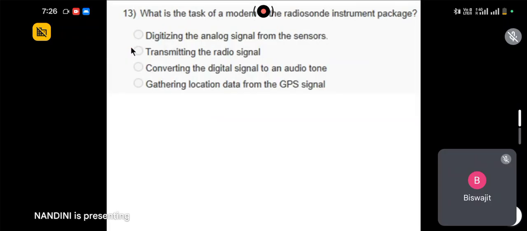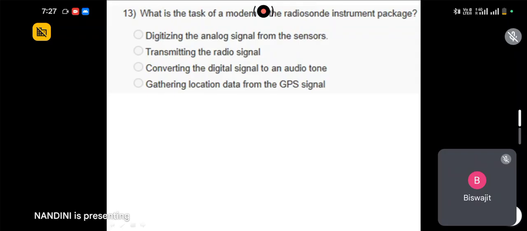Now, what is the task of a modem in the radiosonde instrument package? Do you know what a radiosonde is? A radiosonde will have a balloon, either filled with hydrogen or helium.